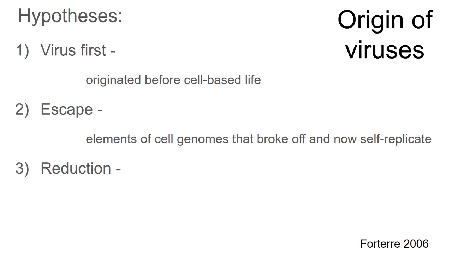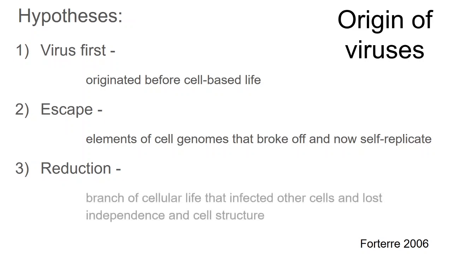Or, the third hypothesis is that viruses might represent a reduction of a line of cells. Basically, the idea is that if a line of cells specialized in parasitizing and using other cells, there might have come a point in their history where those viruses no longer needed the rest of their cells because they were using a host cell.